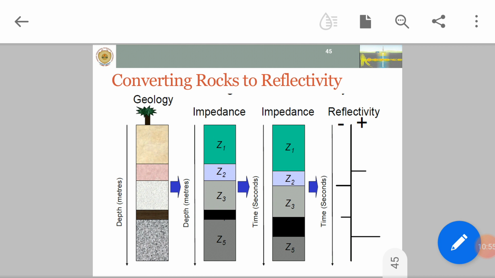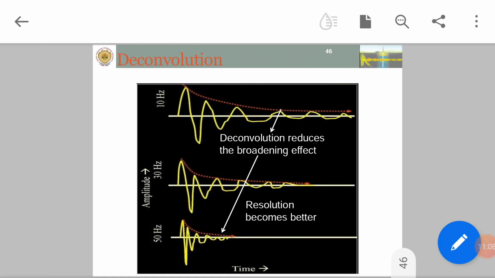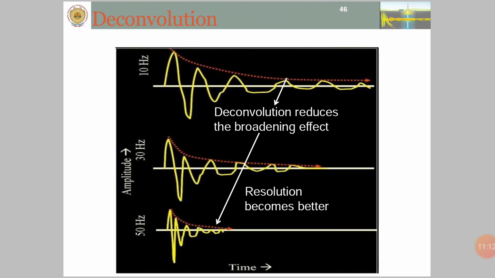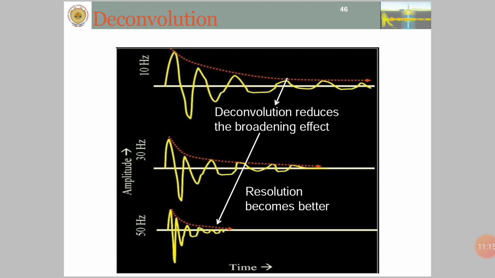Geophysicists or explorationists convert it into impedance, and this impedance is converted into a stichogram where we have positive reflection as peak, negative reflection as trough, and in between we have the zero crossing. Deconvolution is a process which is applied to the data in order to remove the wavelet.